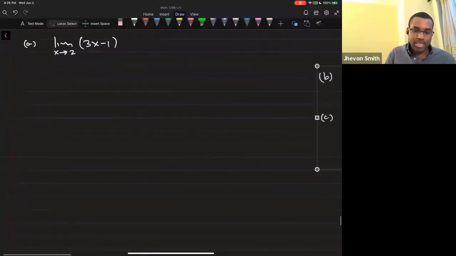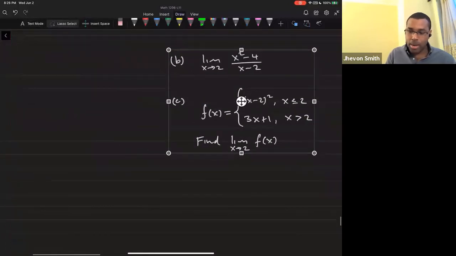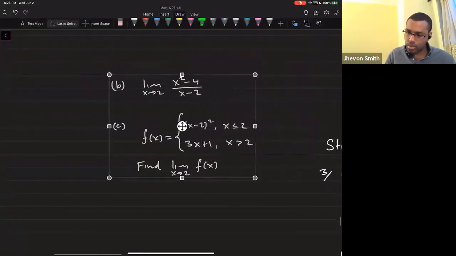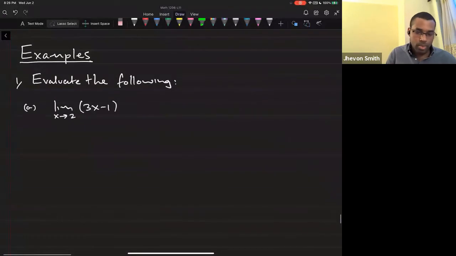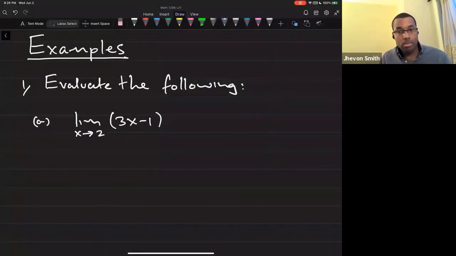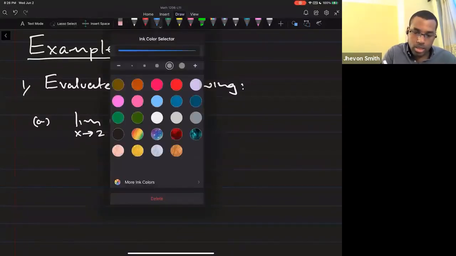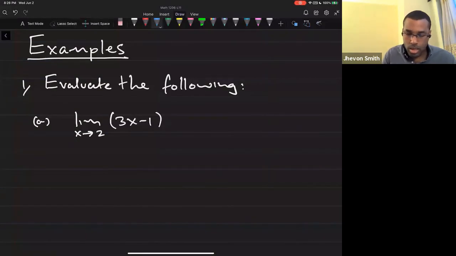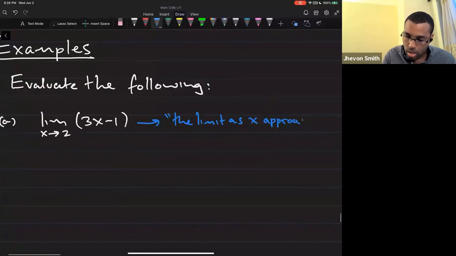Okay, so let's see what I actually mean by this idea of getting close. Evaluate the following limit. This is read as the limit as x approaches 2 of 3x minus 1.